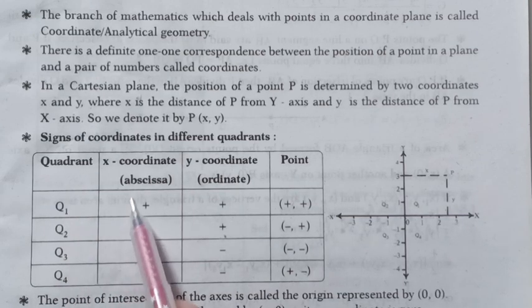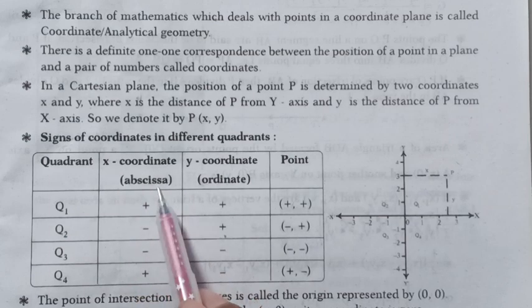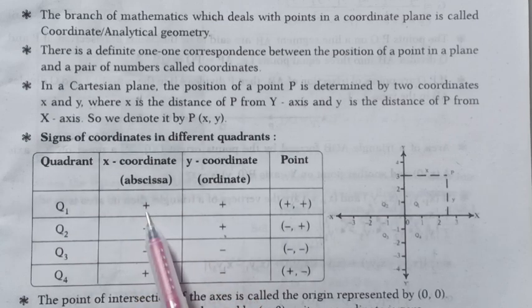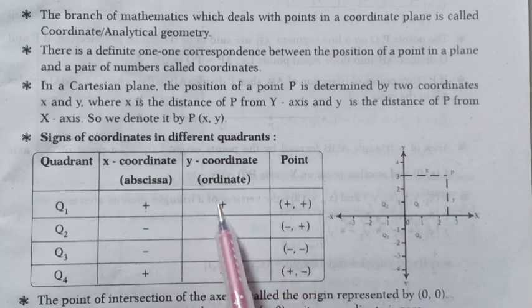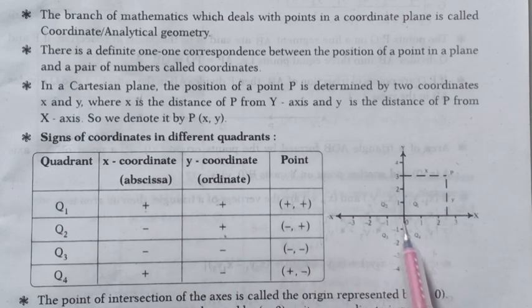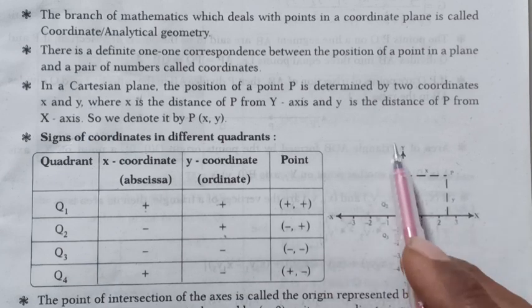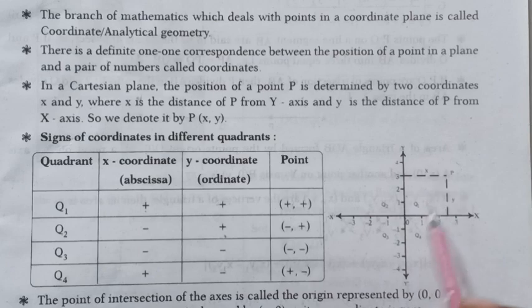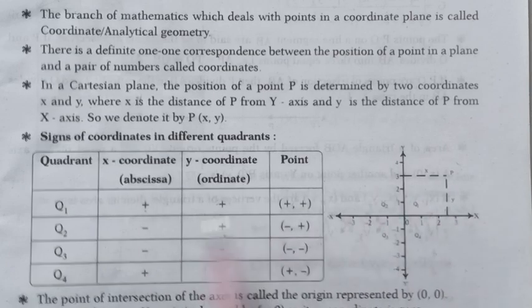In Q1, the x coordinate is positive and the y coordinate is also positive because it is from the origin to the right side and upside. It is formed with x plus and y plus.